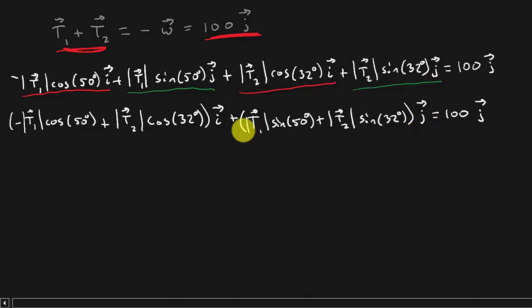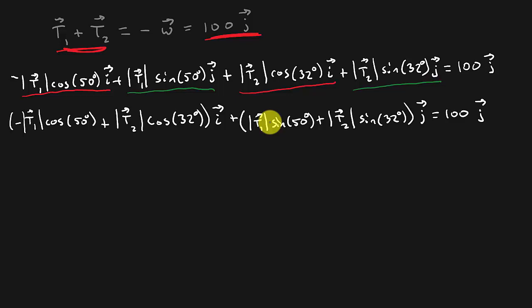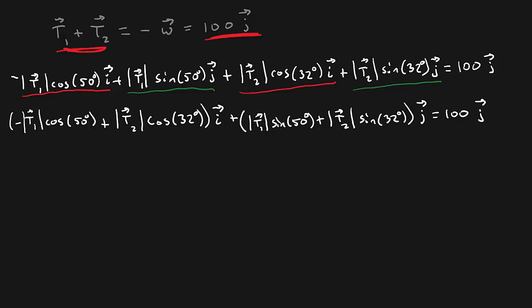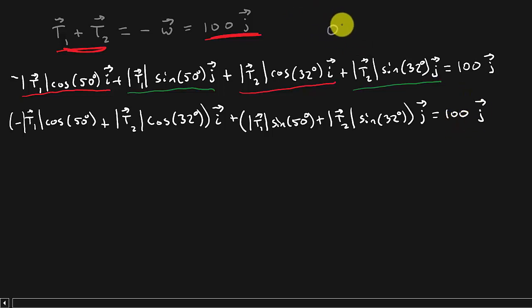Let me see if I can draw that a little better. So that's T1. All right. So far, so good. So now look at this. See, I don't have the I vector over here.